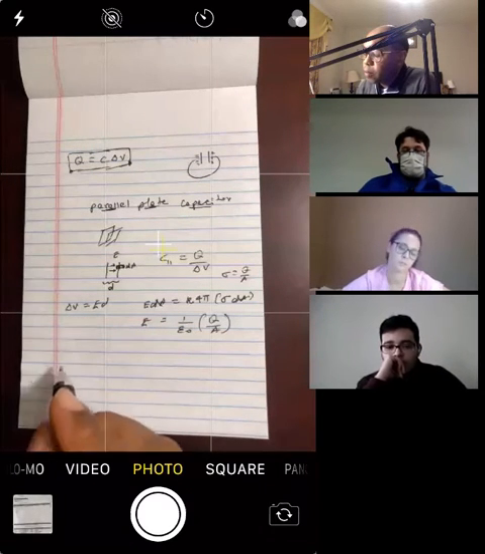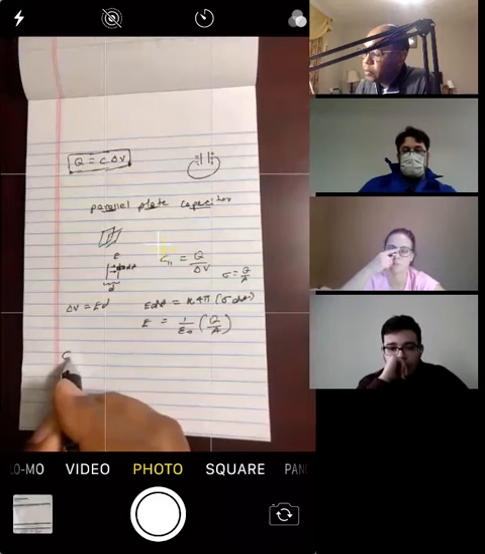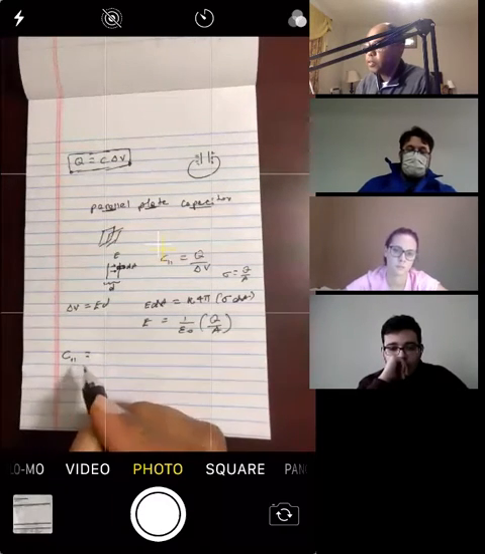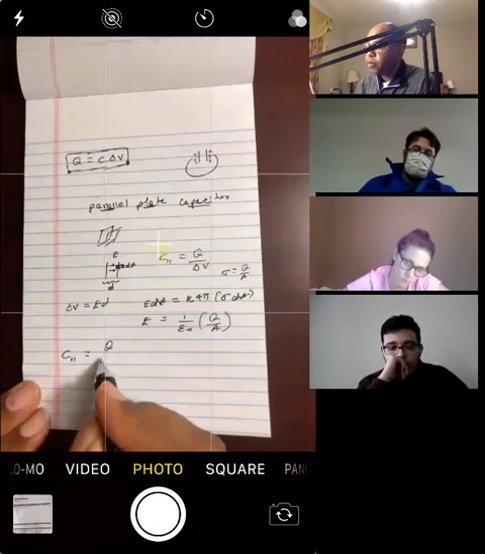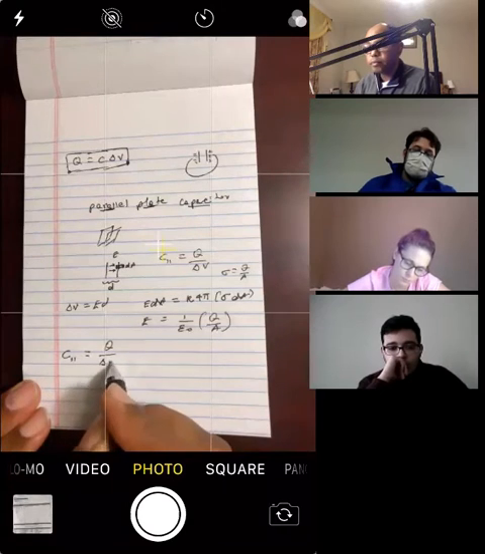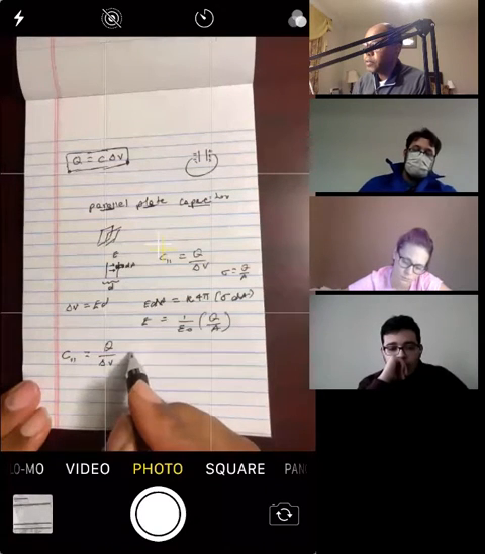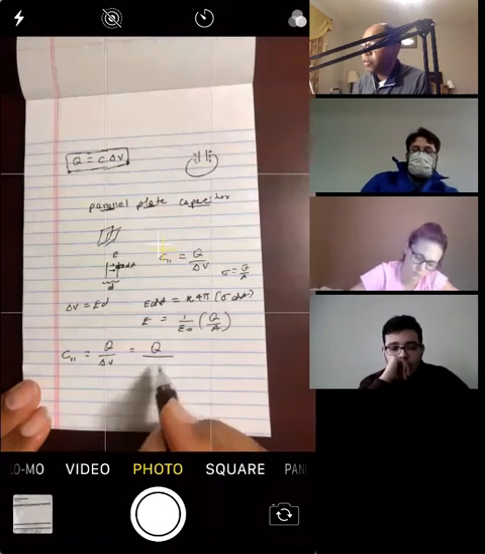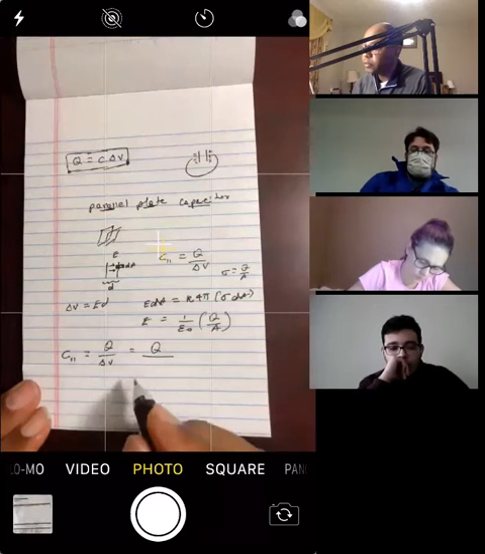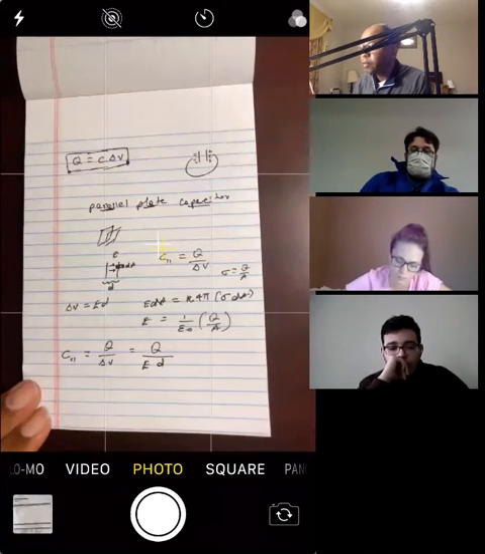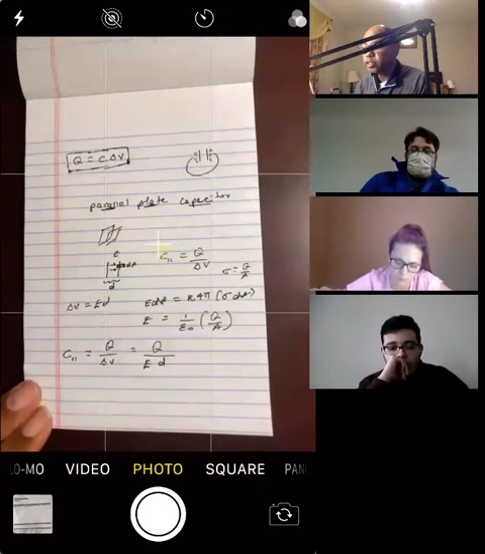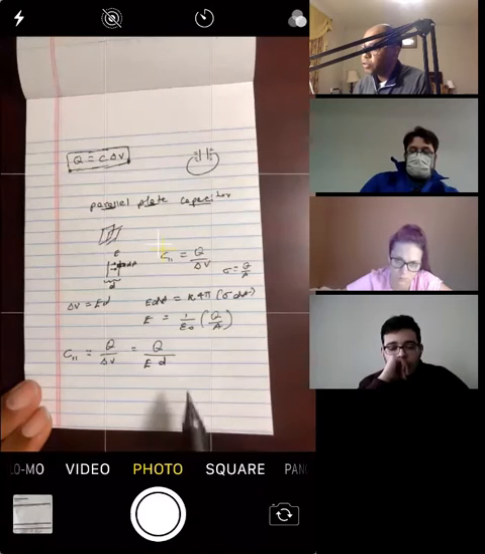So now let's go to the capacitance. The capacitance of the parallel plate capacitor is the charge divided by the potential difference, okay? So that is the charge divided by the electric field times distance, right? The potential difference is electric field times distance. So let's put this over here now.